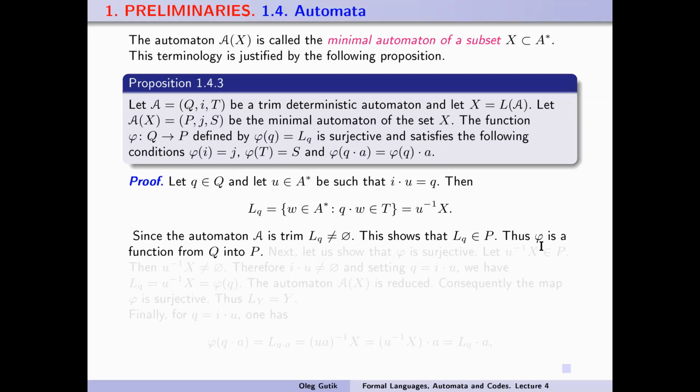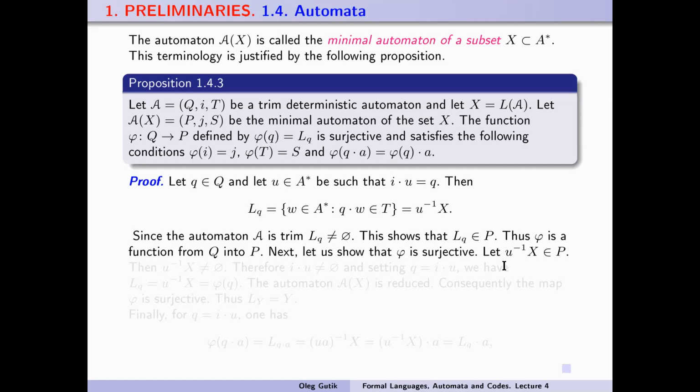Therefore, we get that phi is a function from the set of states Q of automaton A to the set P of states of automaton A(X). Next, we show that the mapping phi is surjective.